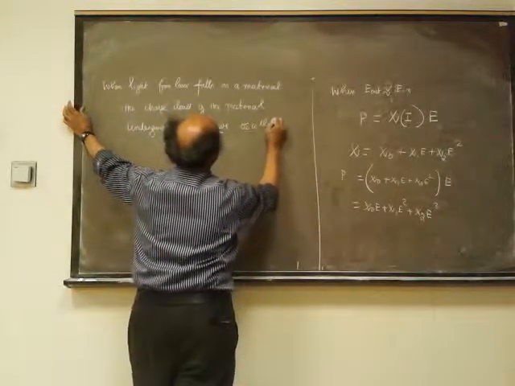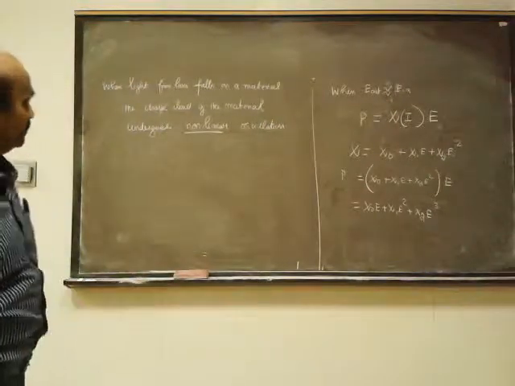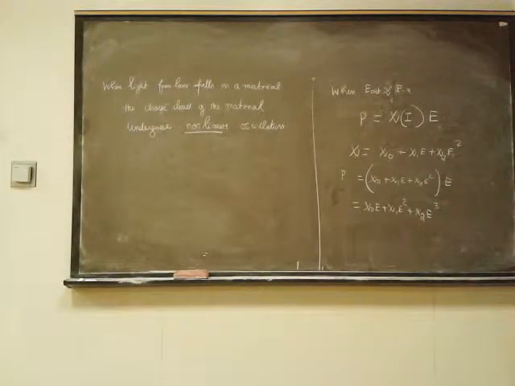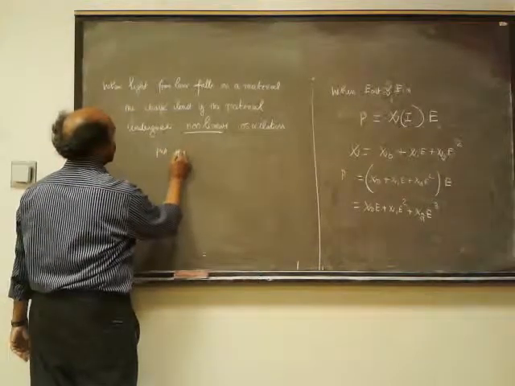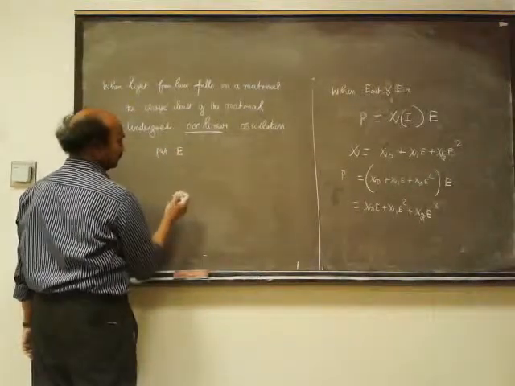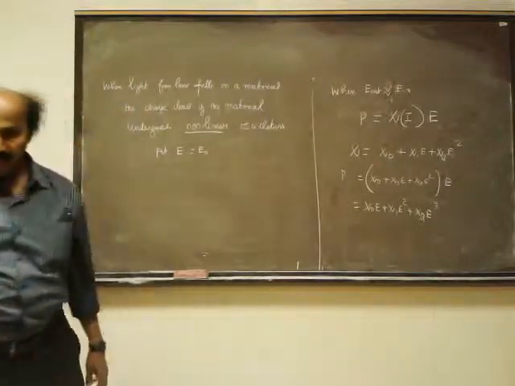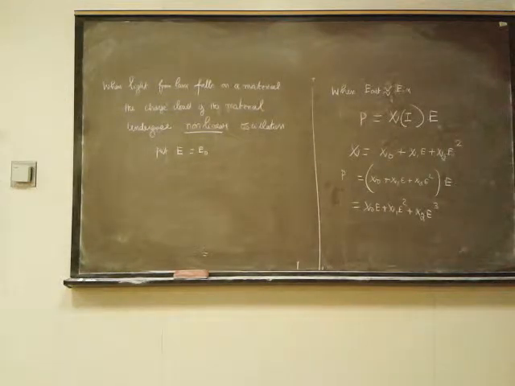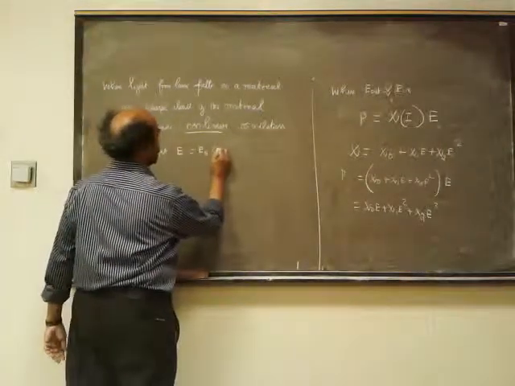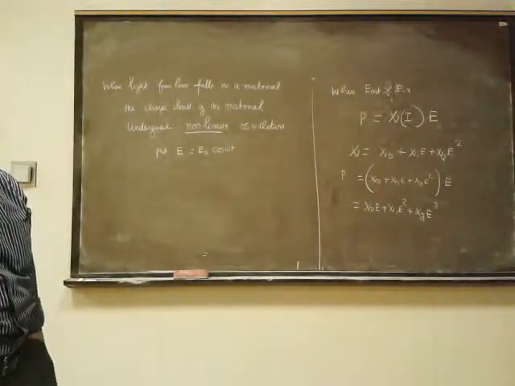Why non-linear oscillation? The laser light is oscillating, alternating frequency. Assume the electric field of the laser is E naught sin omega t or cos omega t. We assume it is E naught cos omega t.